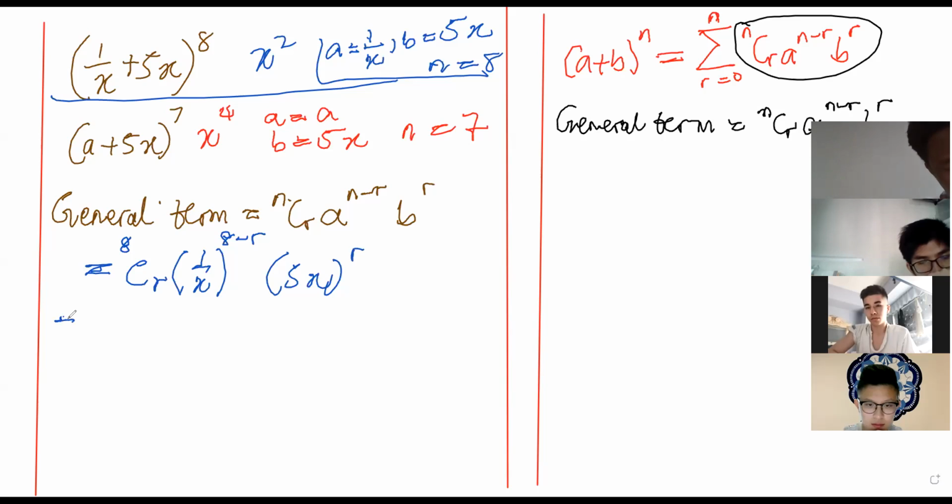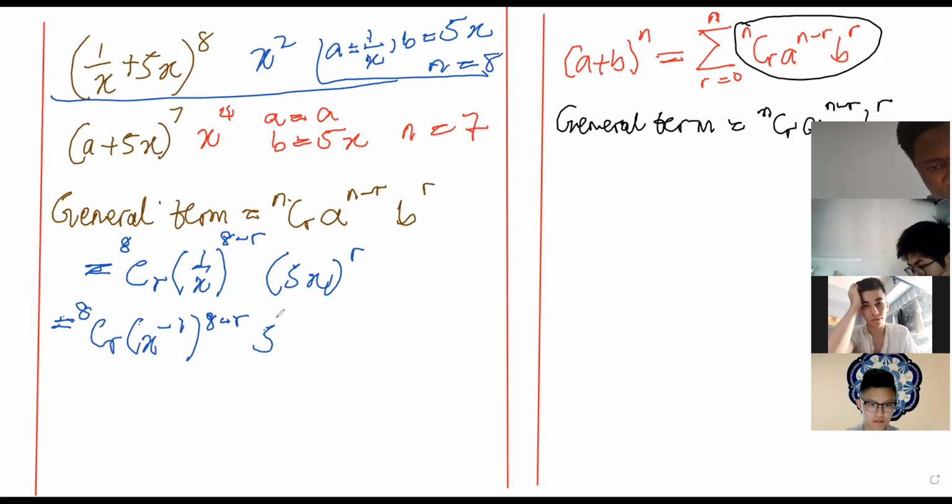So here, you don't need to find out what 8 combination r is. This will be x raised to power minus 1, with the power 8 minus r. This will have to be separated. Understand?